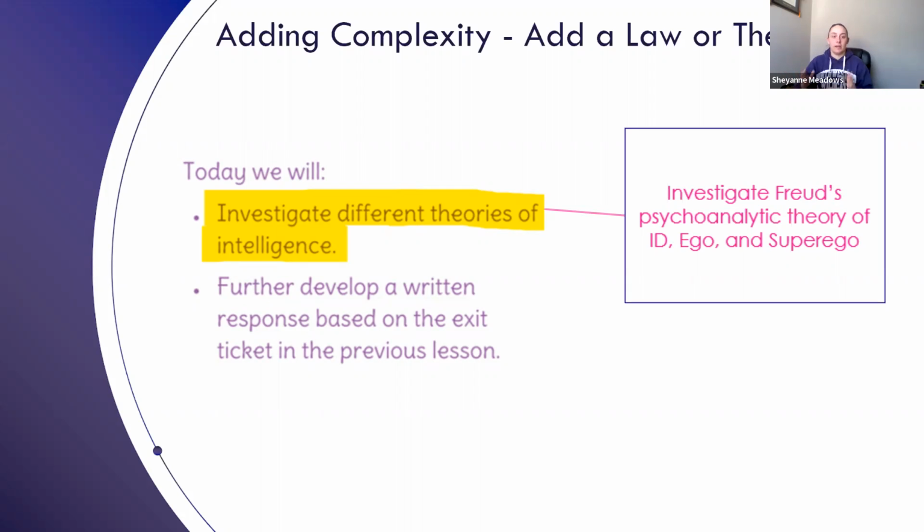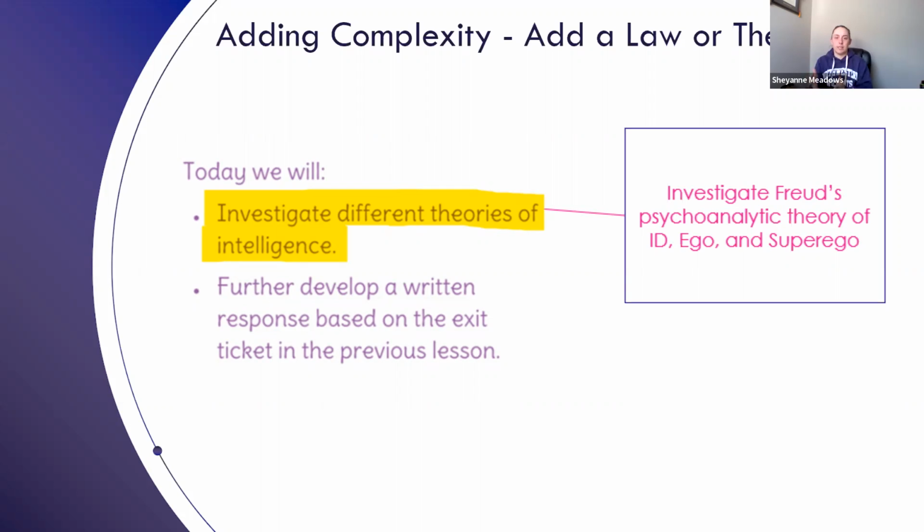As you'll see on the left, this is the lesson plan that was written for all students in the general education classroom. They're going to investigate the different theories of intelligence. The article they are giving the general education students is less than a page long. It's really simple.